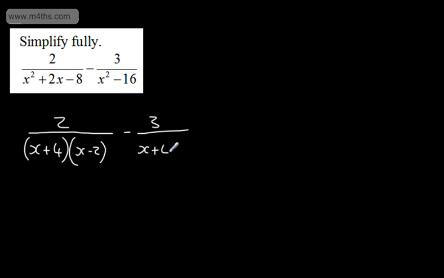So if I factor the denominator, this is going to be x plus 4 multiplied by x minus 2. I'm now going to subtract from that, and I can see again I've got a difference of squares. That's going to be x plus 4, and then we're going to have x minus 4. What we need is the lowest common multiple. We can see that x plus 4 appears in both.